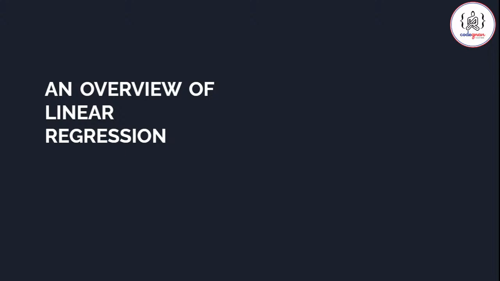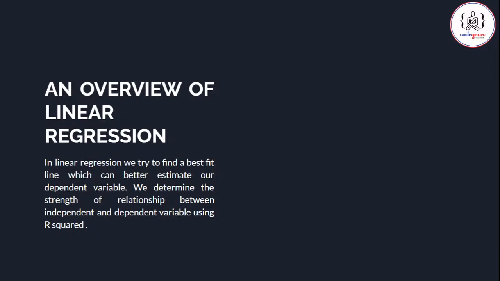So first of all, let's look at an overview of linear regression. What does linear regression do here? In linear regression, we try to find a best fit line which can better estimate our dependent variable.